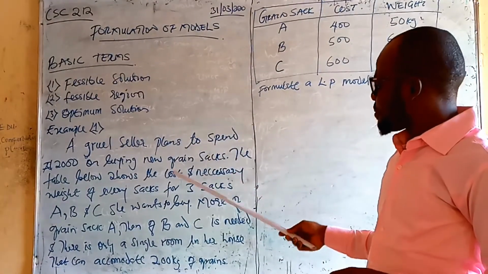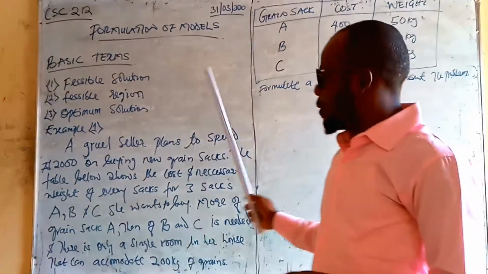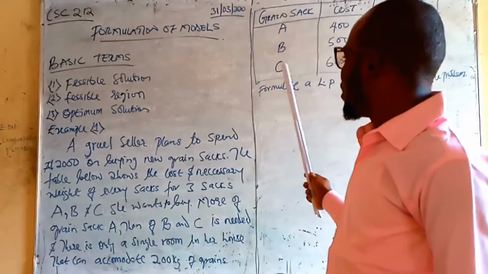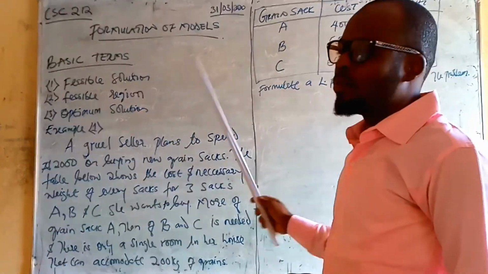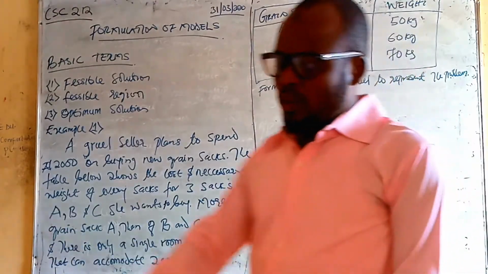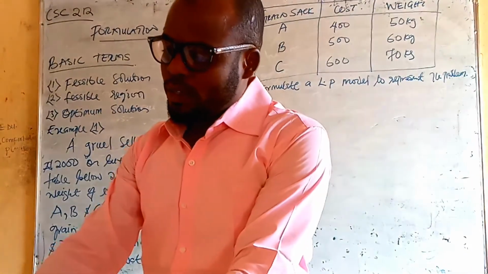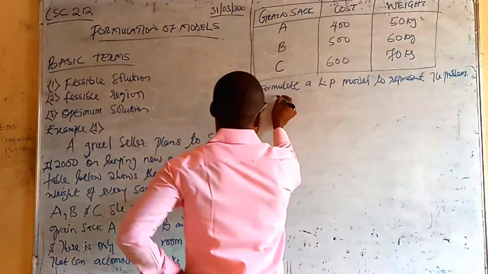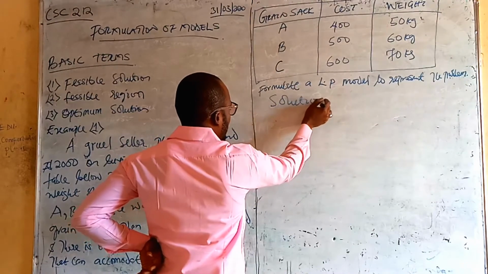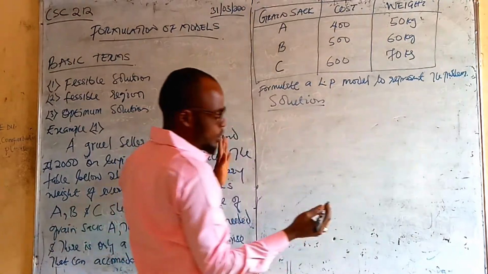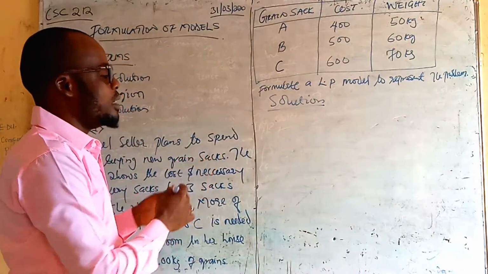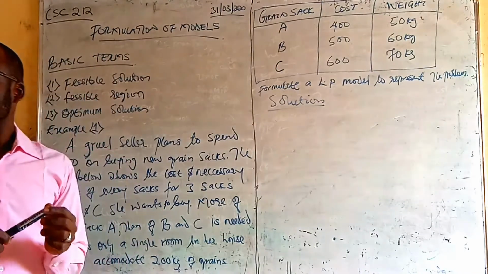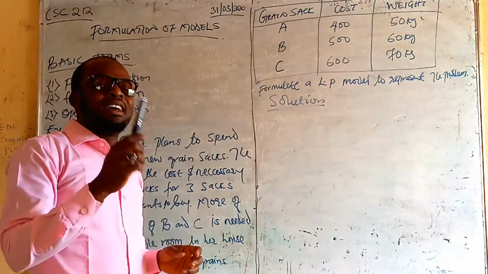We can do that by following the normal procedure for solving linear programming models. In the formulation of linear programming, we stated that the first step is to identify the constraints.